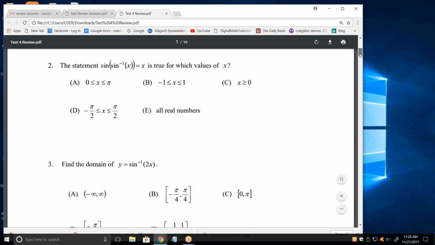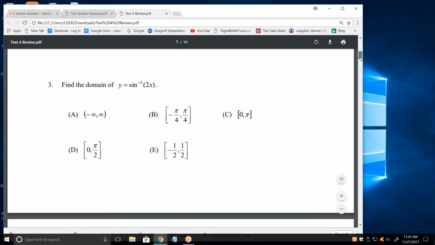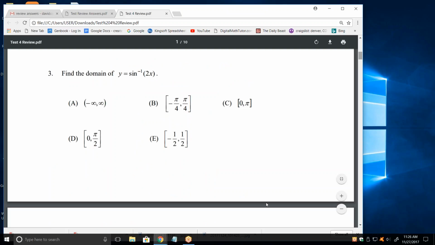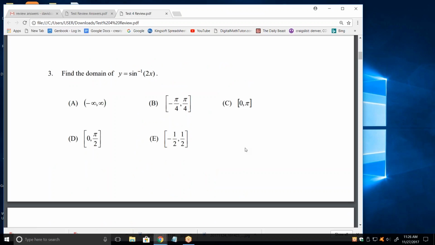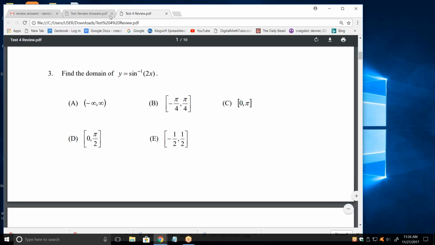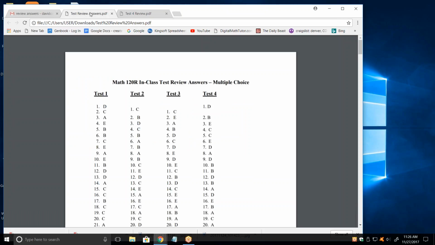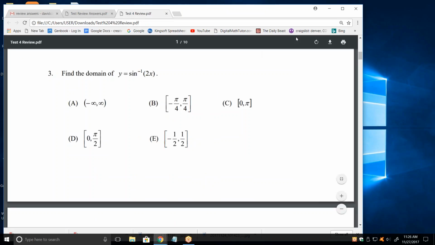All right, now let's have a look at 3. And 3, I thought was, given what they gave for the answer on 1, I got to say it's E. And it is. All right, let's go on.